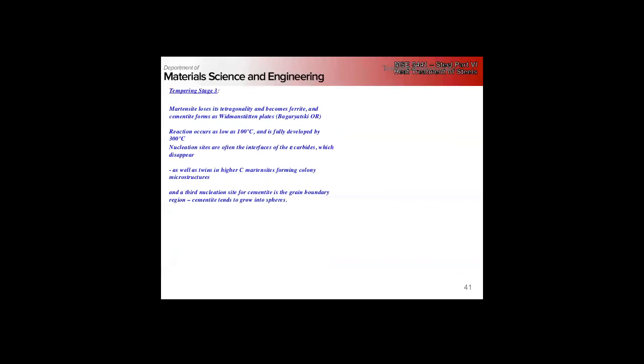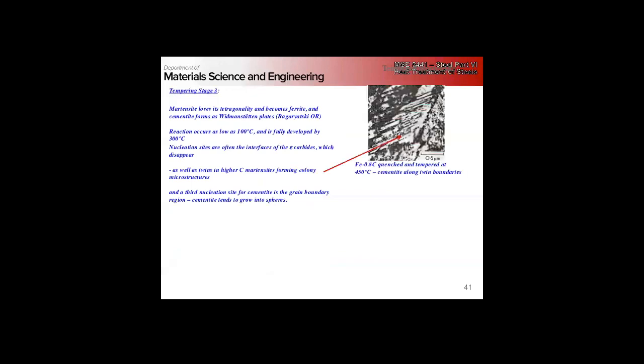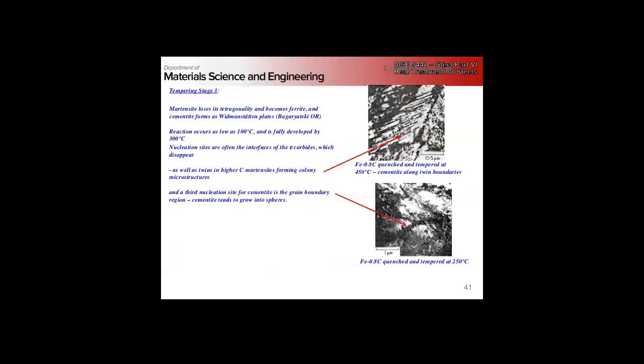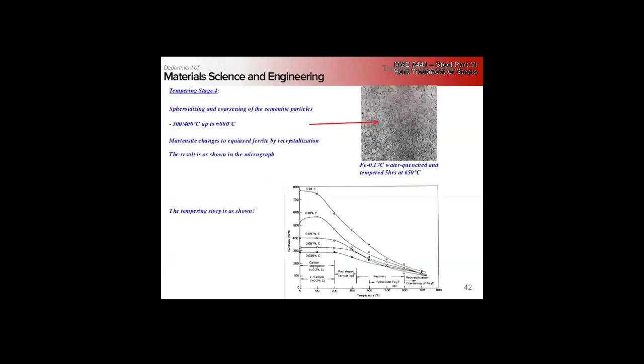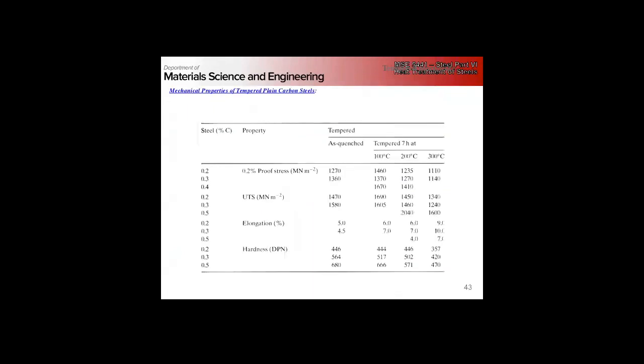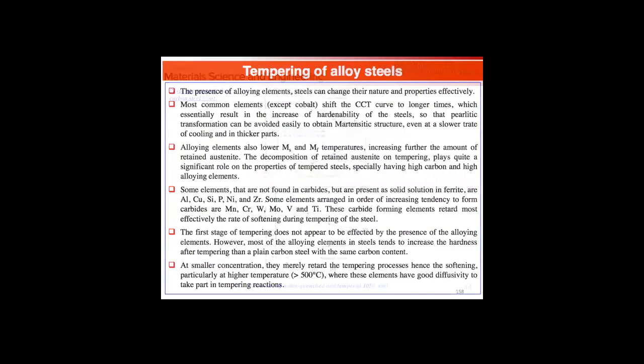In stage 3 tempering, we start to lose the tetragonality and grow mostly Widmanstätten ferrite. And in stage 4, we spheroidize our cementite, and we'll transform to equiaxed ferrite by recrystallization. So know your general trends there.